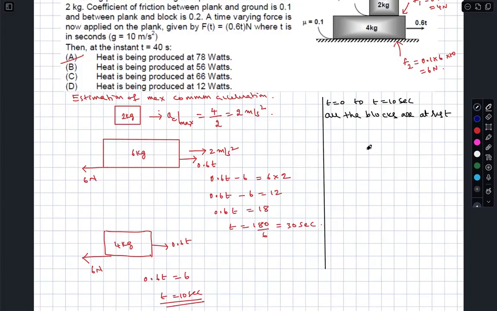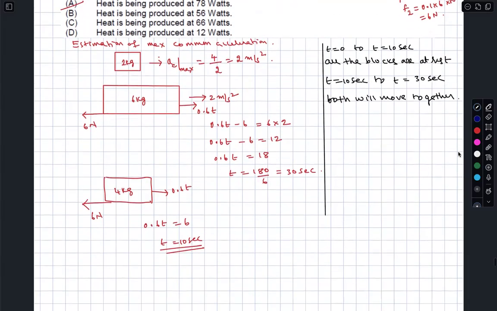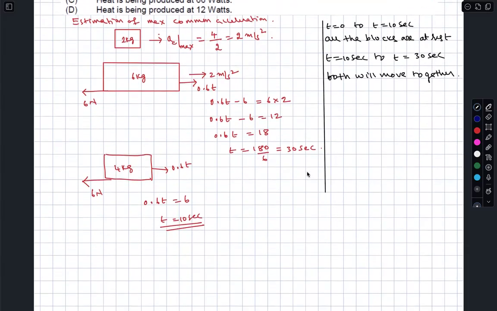Next. Now, what is happening between t equals 10 seconds to t equals 30 seconds? Both will move together. Now onwards, your problem takes a different pace, which means you now represent it as one single system, an 8 kg block.